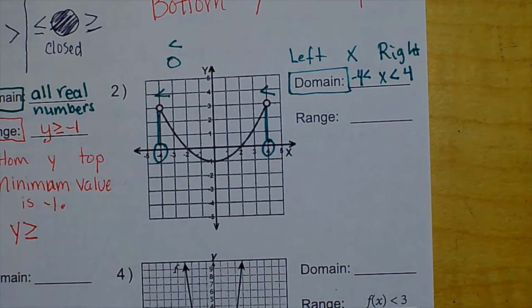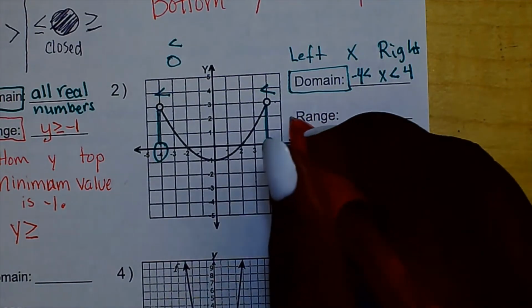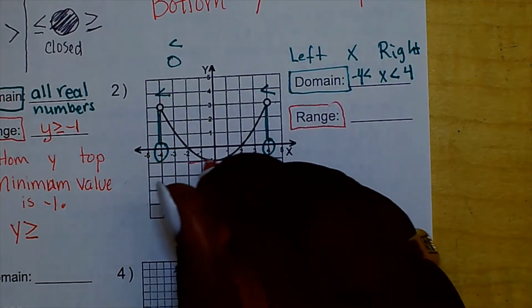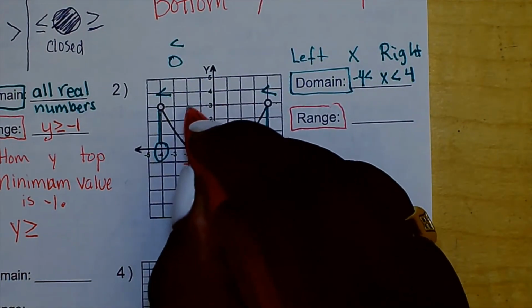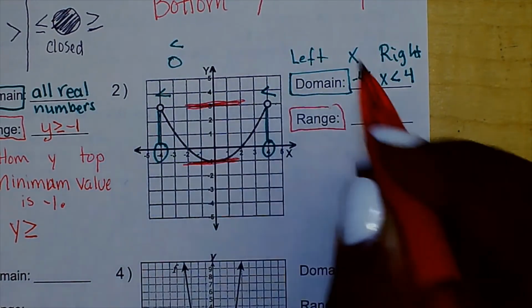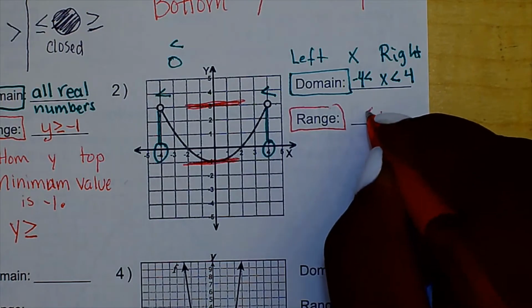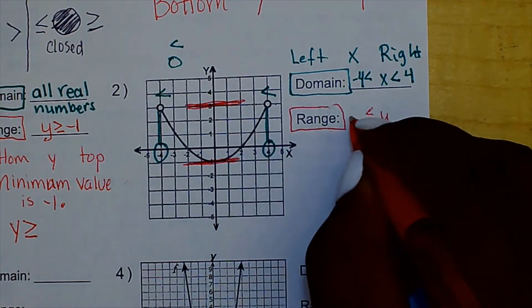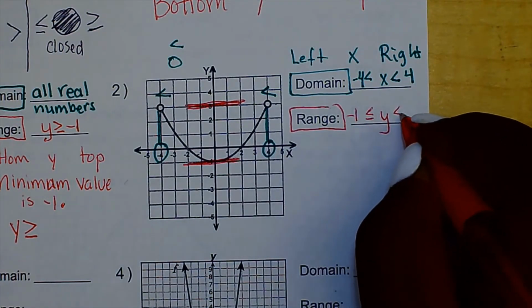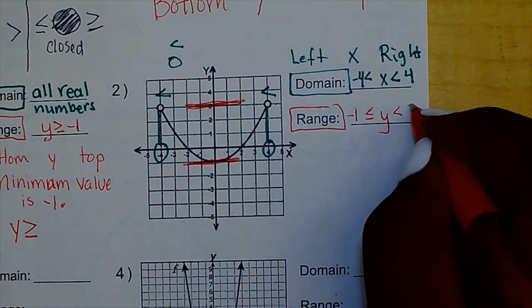And our range is from bottom to top. It stops here. So my range goes from greater than -1, less than 3.